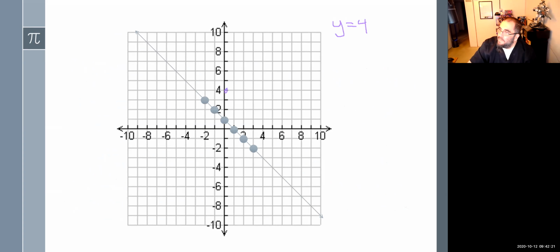That would then just be a horizontal line running all the way across there. If instead we had a formula that was x equals 4, well, that would be here. And then our line would look something like this, right?